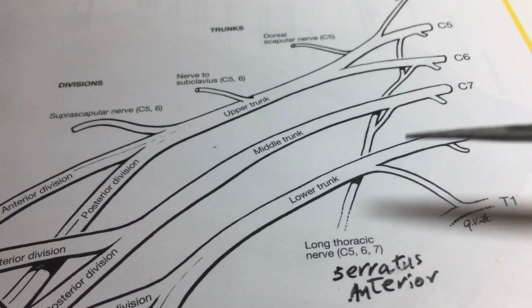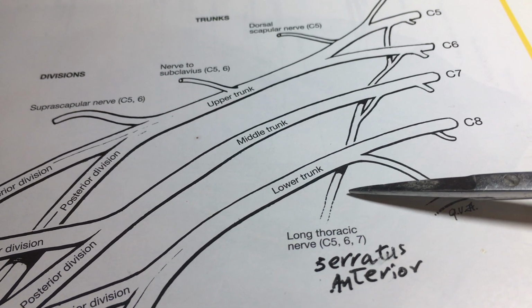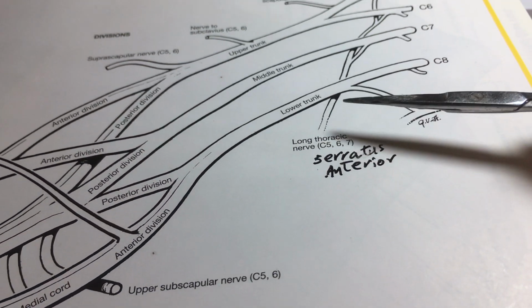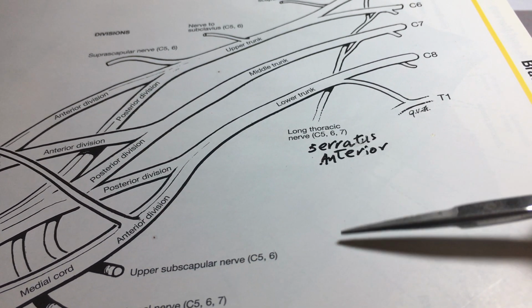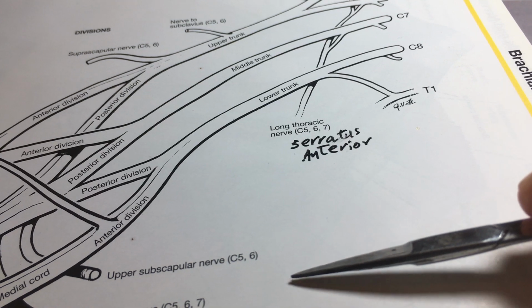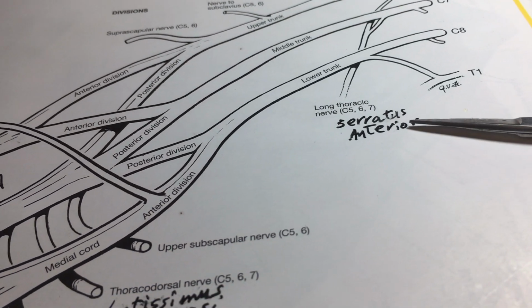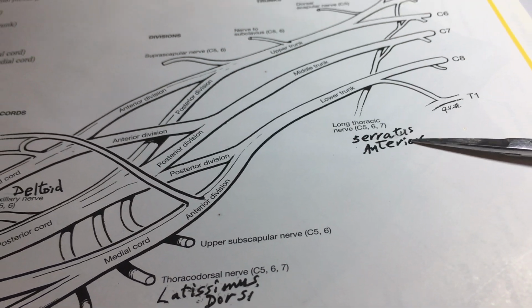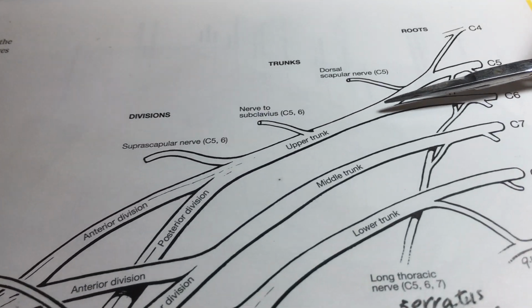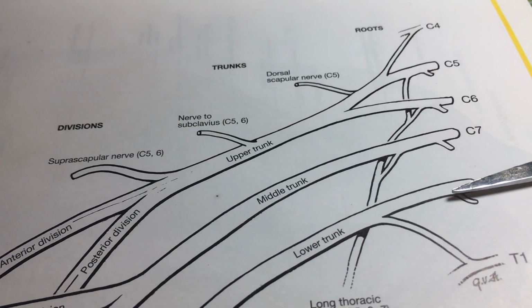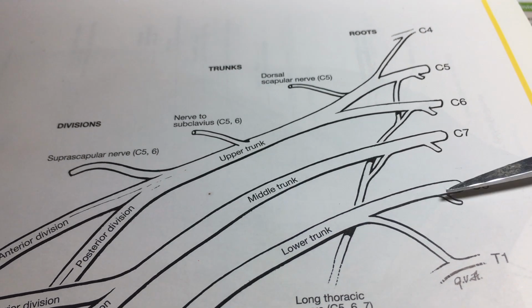And do you see how we're coming down with a long thoracic? You have to imagine here that we have ribs, and it's just hugging the ribs right here, and it innervates the serratus anterior. And then we have some more branches. Now we have trunks, and I need you to focus now. Are you with me?